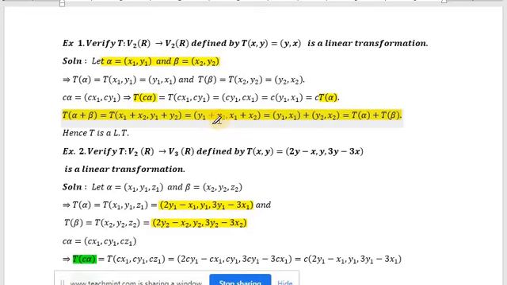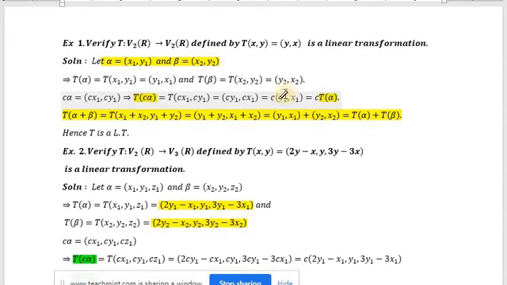Now, let us split the terms: (y1, x1) plus (y2, x2). So which is nothing but (y1, x1) is T of alpha, (y2, x2) is T of beta. See, we took T of alpha plus beta and we proved that it is equal to T of alpha plus T of beta. This is condition 2 of the linear transformation.